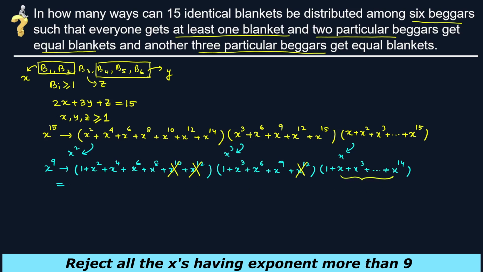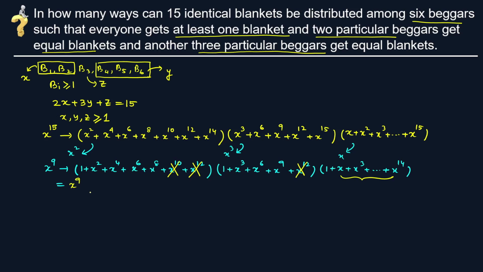So, we are left with finding the coefficient of x to the power 9 in the expansion of: from the first polynomial, 1 plus x square and so on; from the second polynomial, x to the power 6 plus x to the power 9; and from the third polynomial, 1 plus x square plus x cube, and so on, till I consider x to the power 9. That's it. Is it clear?